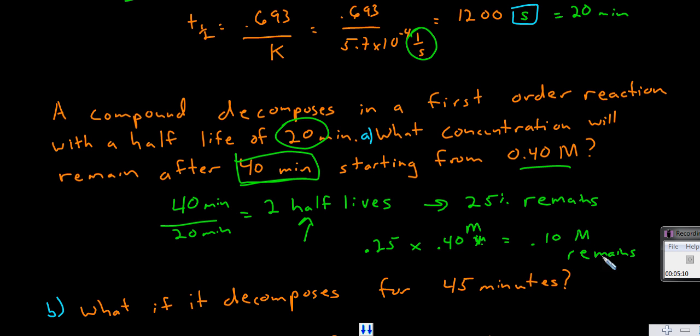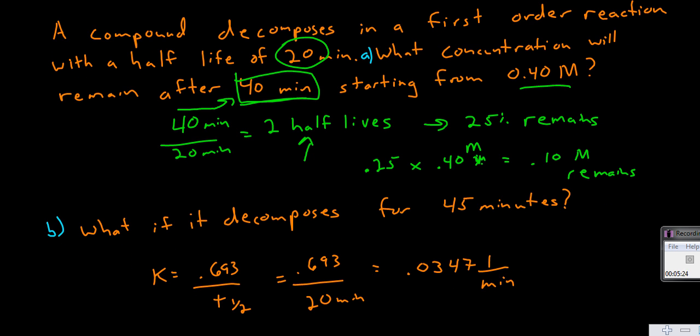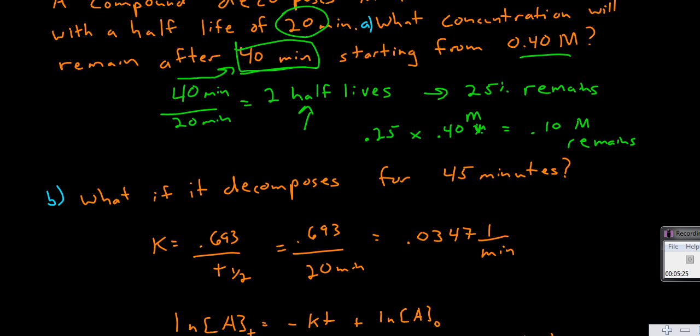So this is a very simple problem, but what if you're given a number which is not going to give you a whole number of half-lives? What if you don't get a clear-cut number of half-lives? This is the case if I asked you what molarity would remain if the reaction proceeded for 45 minutes.